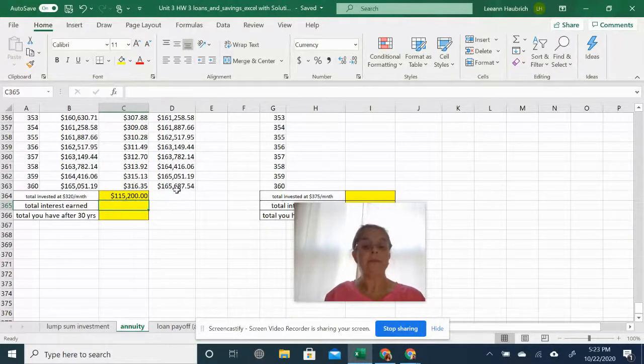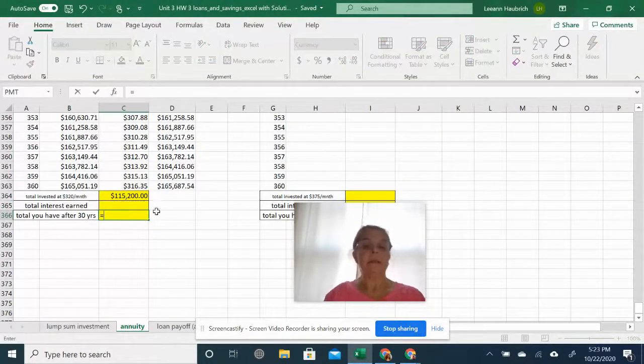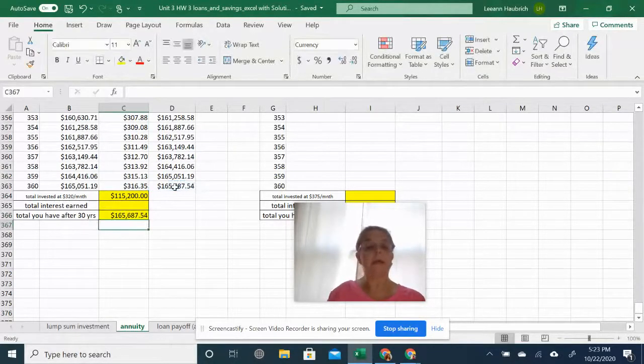At the end of the 30 years, this account is equal to the ending balance, the $165,687.54.